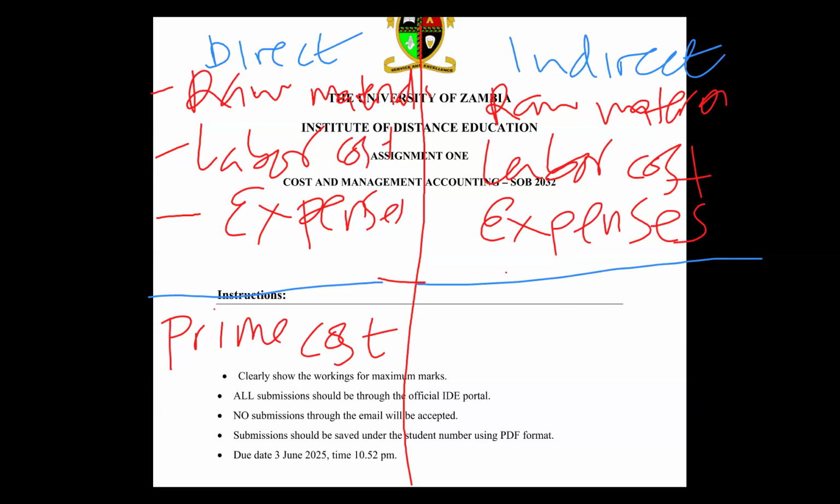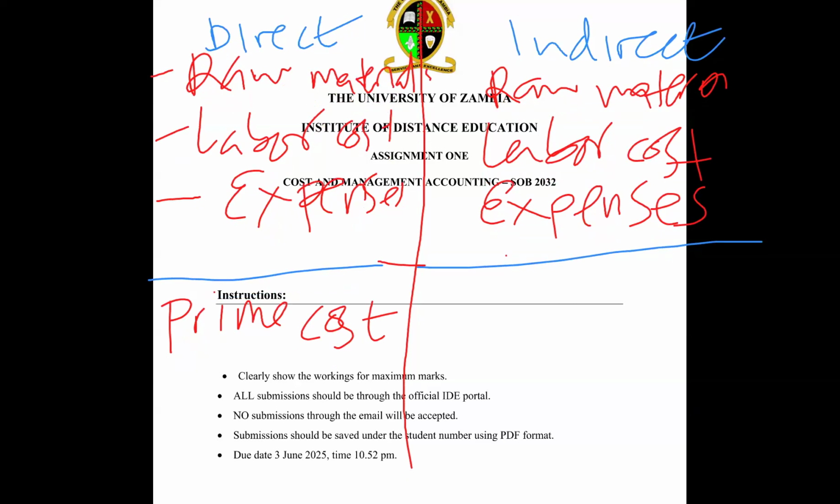Now, what are direct costs? Let's pick raw materials. What are direct raw materials? Direct raw materials, colleagues, simply means any cost that you incur to get the material that will be used directly in the product.